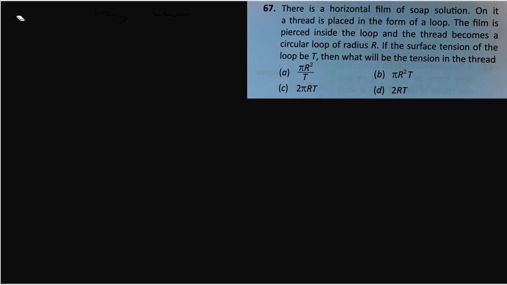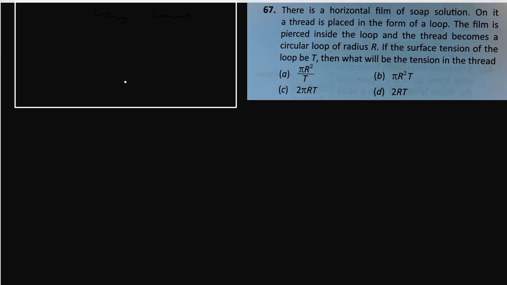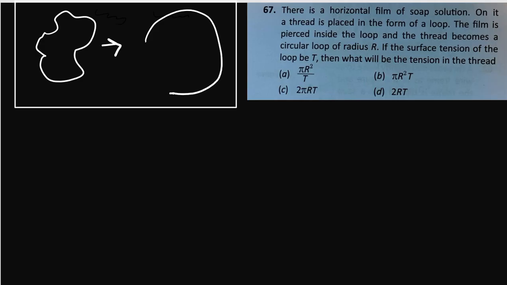So actually they are saying that we have some soap solution, suppose we treat it as a square, a thin film of soap solution. When we put this thread loop in the soap solution, it will become circular due to surface tension.